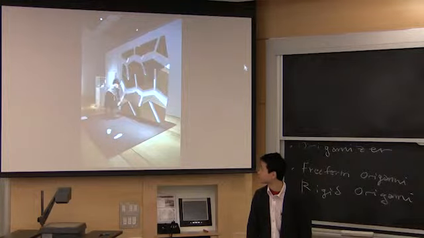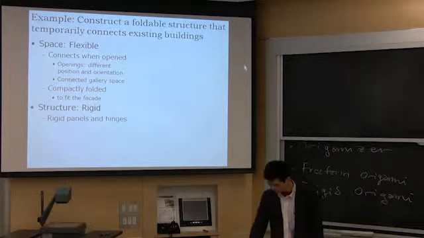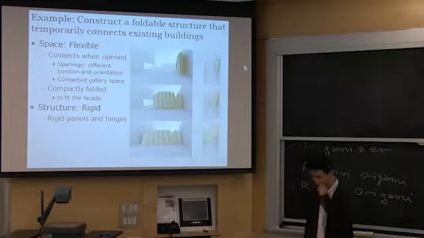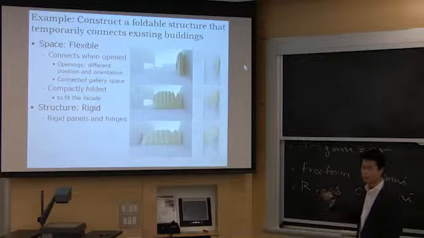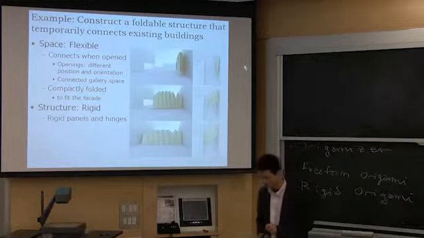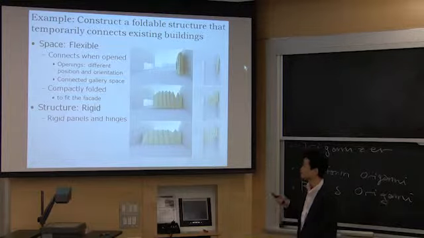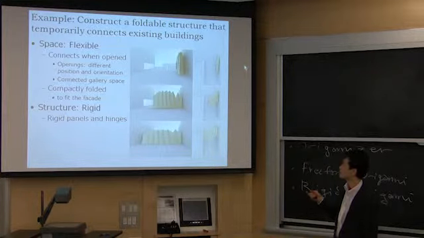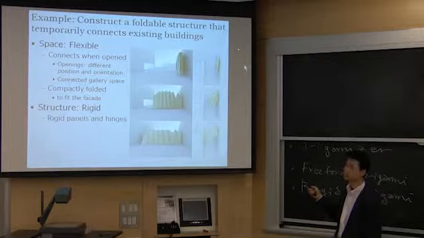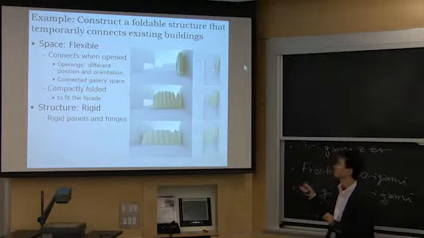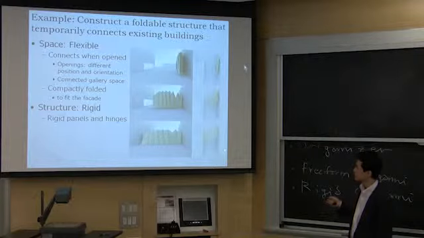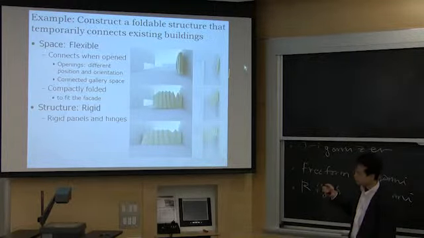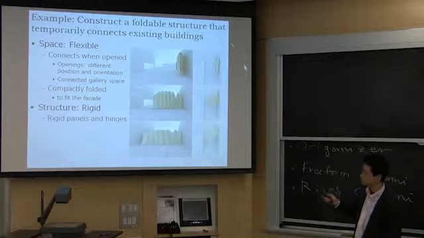So this is what happens. Okay, and I would like to give an example of rigid origami design for architecture. In this example, we are given existing building openings, and we want to connect these openings temporarily, and I want that to be compactly folded to fit this facade.